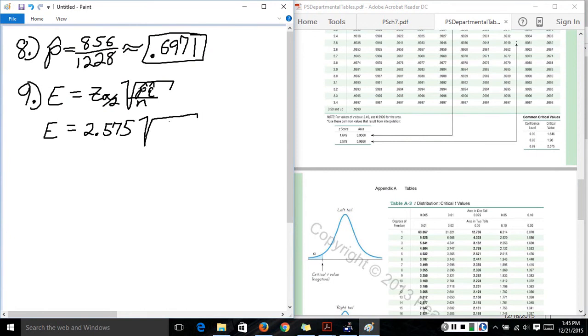Now for the rest, p hat was found in number 8. It's 0.6971. I want to multiply that by q hat, which is 1 minus p hat. Over here on the side, I can find that. Well, 1 minus 0.6971 is 0.3029.